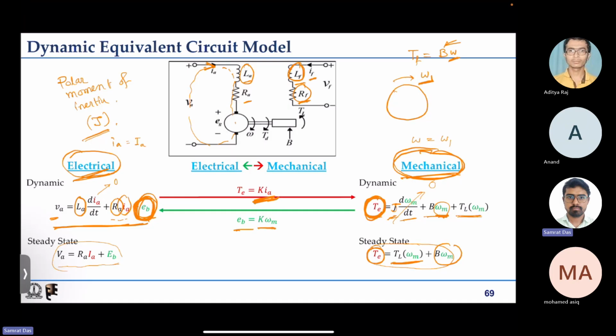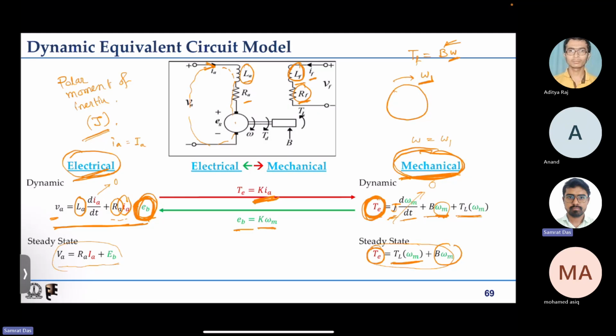Some variable in the electrical circuit decides the dynamics of the mechanical subsystem or differential equation, whatever you call it. So some electrical variable determines or disturbs the mechanical differential equation. So this comes as a disturbance to the mechanical equations. So this is about the interconnection in an electrical machine.